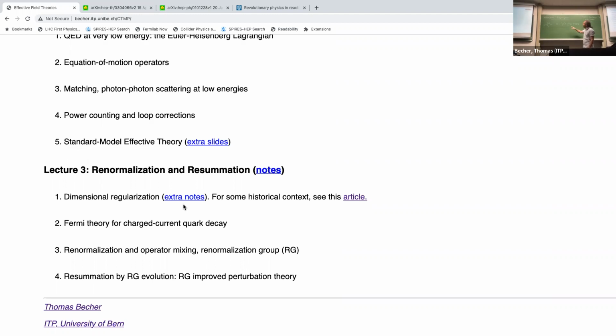And already here you can easily see the problem with these divergences. So d is 4, you're not yet fooling around. So this integral at large k goes like d^4 k, and at very large k the masses and momenta you can forget about. It goes like k squared.